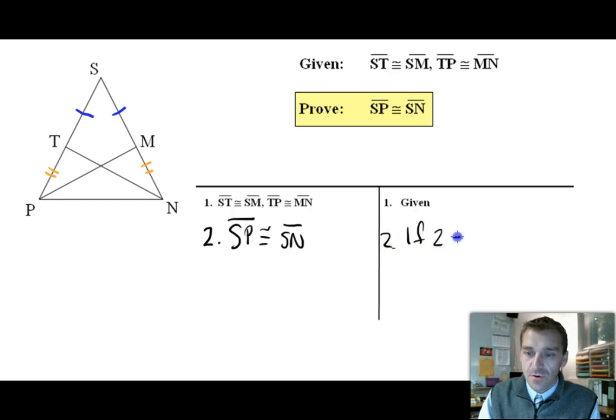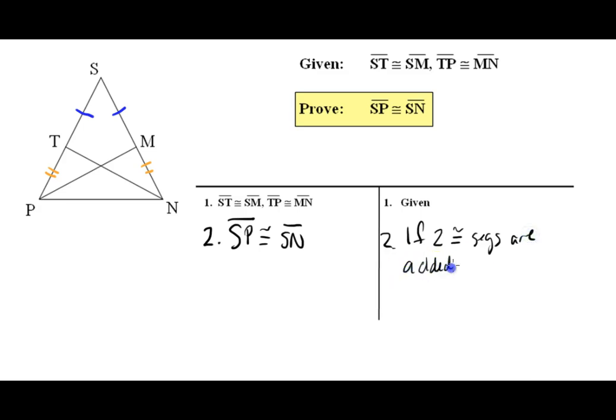If two congruent segments are added to two congruent segments, then the sums are congruent.